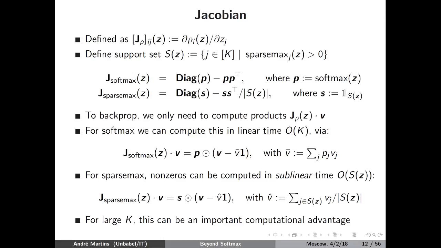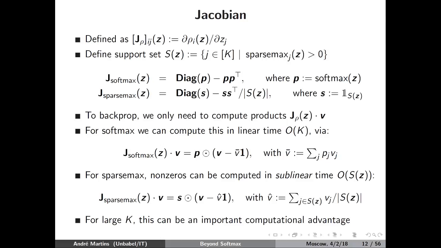And because this vector is sparse, this is basically the support of the Sparsemax transformation. Everything that is truncated is going to have a 0 derivative, okay? So we don't need to touch those coordinates, which means that the runtime for doing this is going to be sublinear. It's going to depend only on the number of non-zeros after the Sparsemax transformation, which is quite neat, okay?